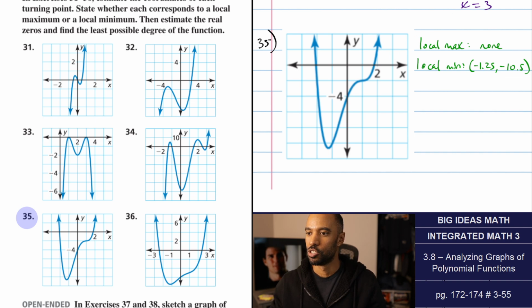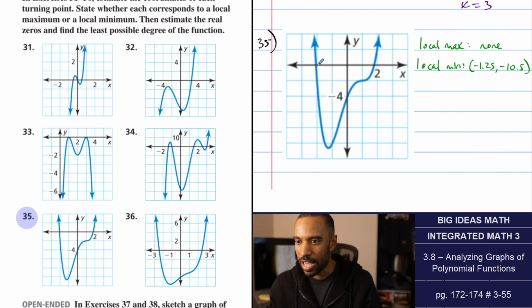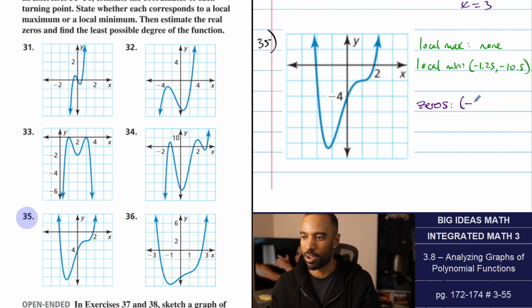Like that. Zeros looks to be, I don't think it's at negative 2. I think it's a little more than that. I think that zero is negative 2.05. And definitely less than 2 here. How about 1.85? I need to say x equals.